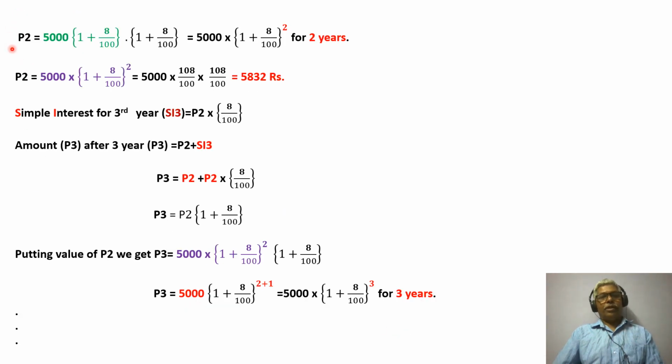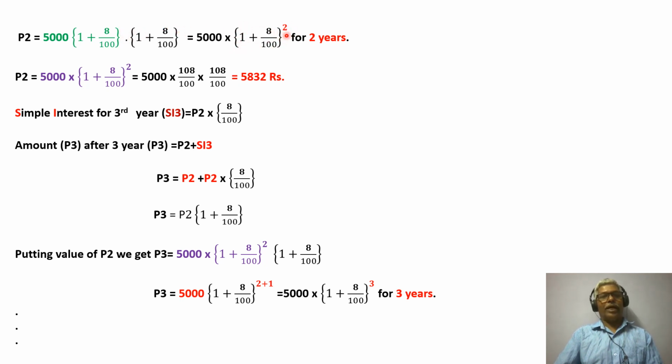We substitute the value of P1 to get P2. The value of P1 is 5000 into 1 plus 8 upon 100, and this was there itself. So this and this multiply, and we get 5000 into 1 plus 8 upon 100 squared.